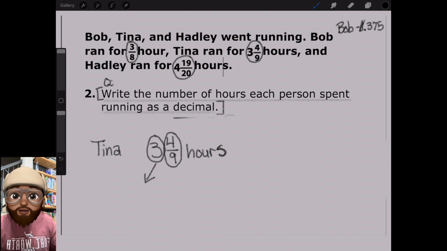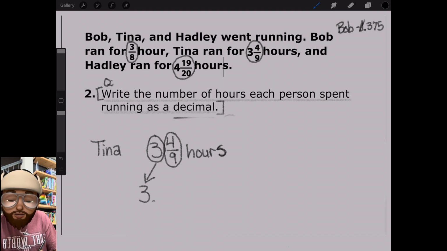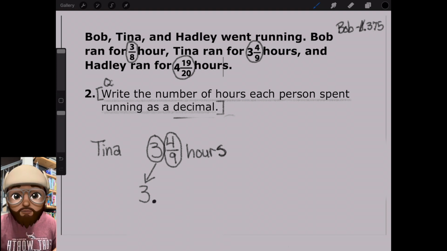What we need to do first is take the 3, separate it over here, and add the decimal point. We know that we have 3 full hours. So when we convert it, we can just take the 3 hours and put it in front of the decimal. Now all we need to do is deal with 4/9.